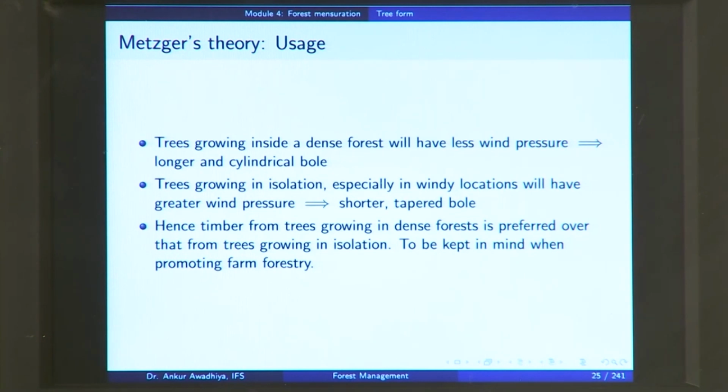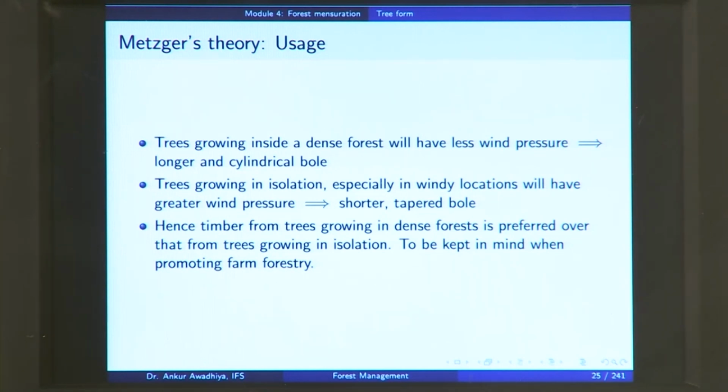And so, in this case, Metzger's theory would predict that the tree would deposit similar amounts of material at the bottom as well as at the top, in which case you will have a cylindrical bole with a very small amount of taper.